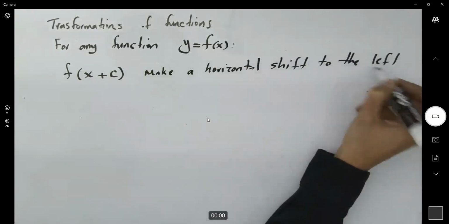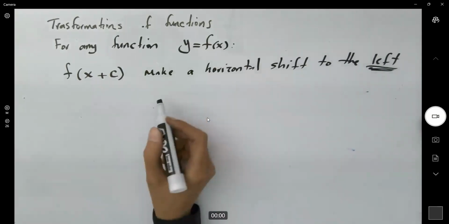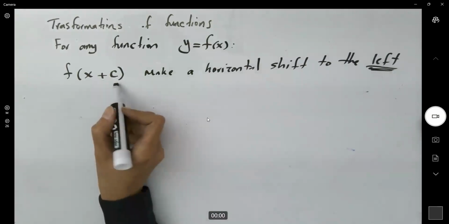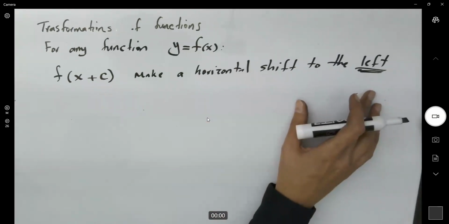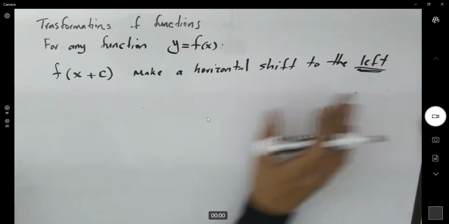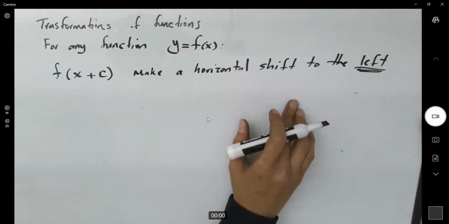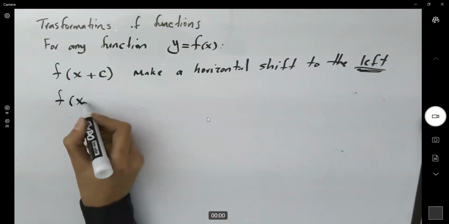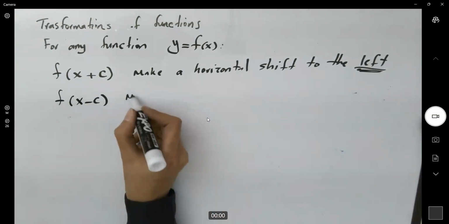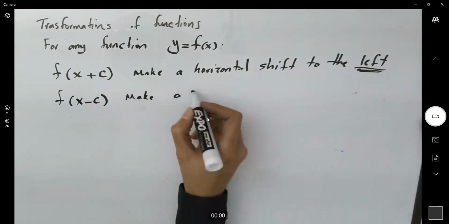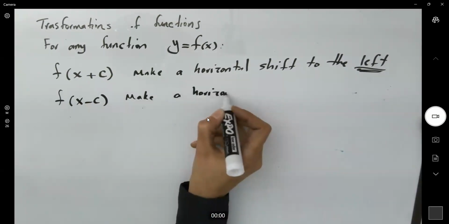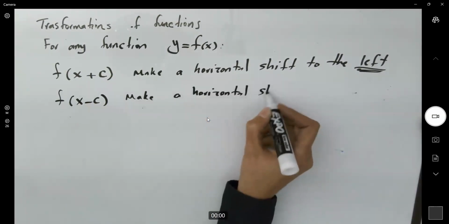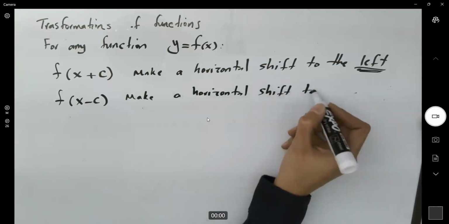Wow, it's going to the left. So adding c, horizontal shift to the left, and subtracting makes a horizontal shift to the right.